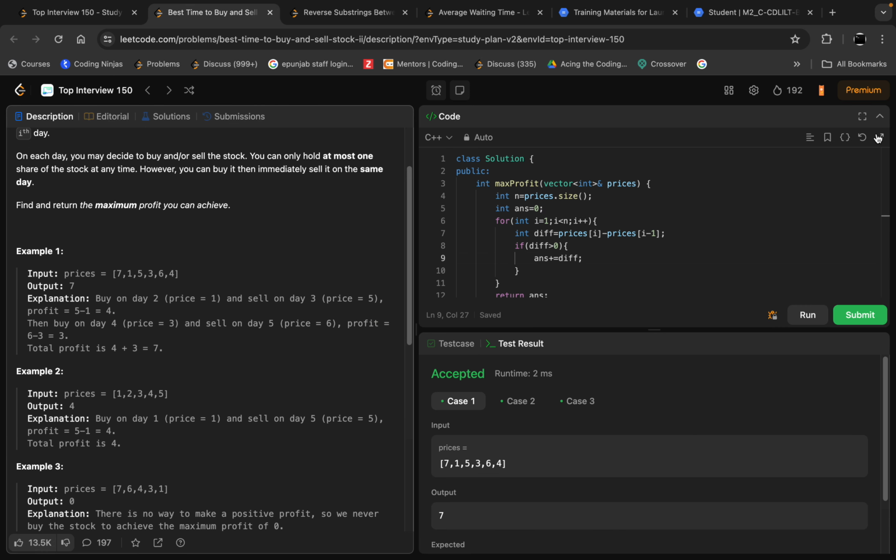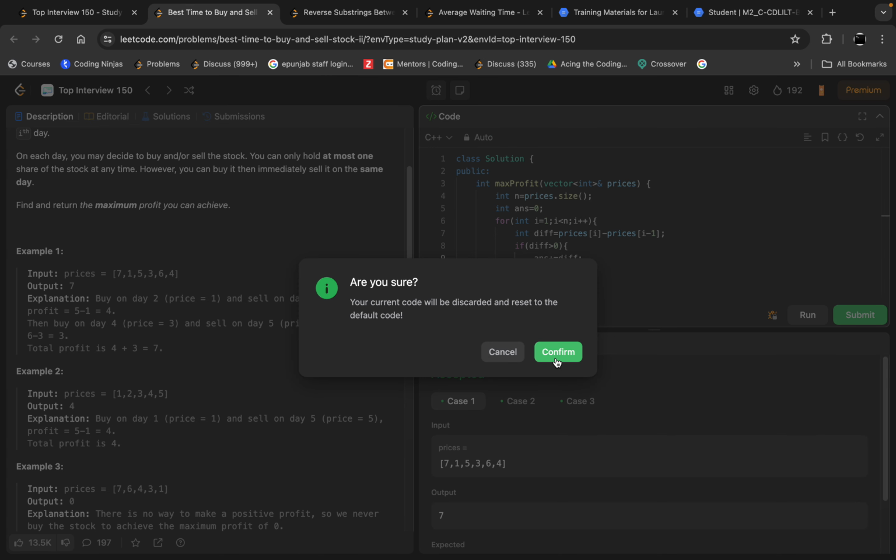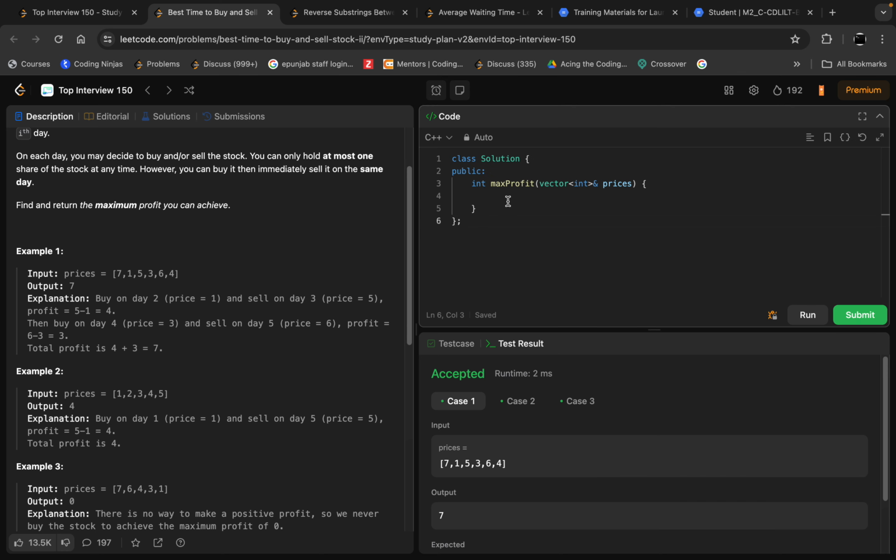So let's code this problem. Okay, so let me assume that my n is the size of the array and I have an answer variable set to 0, and ultimately I have to return my answer. So let's get started with the first value.